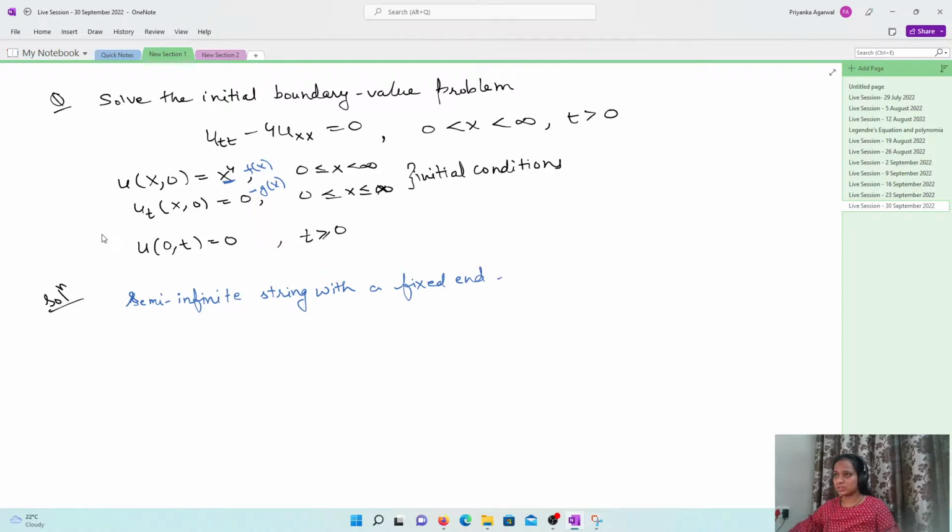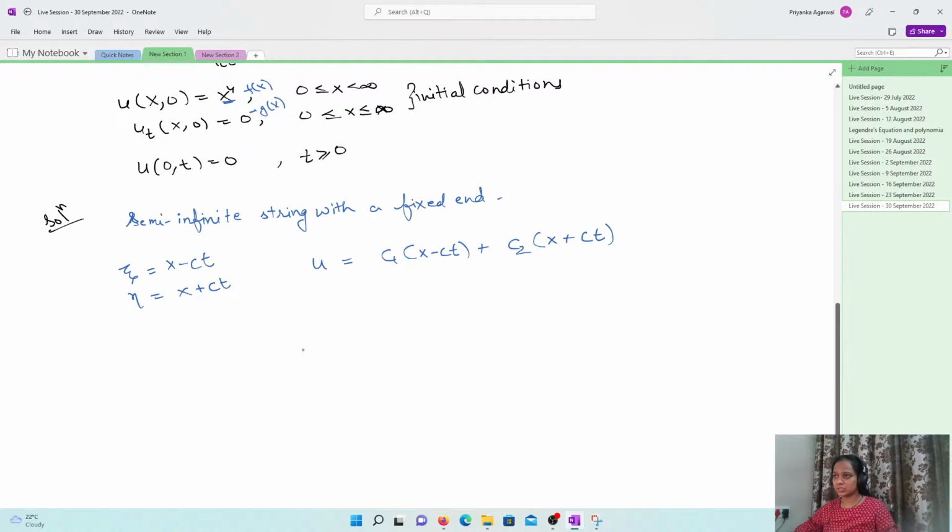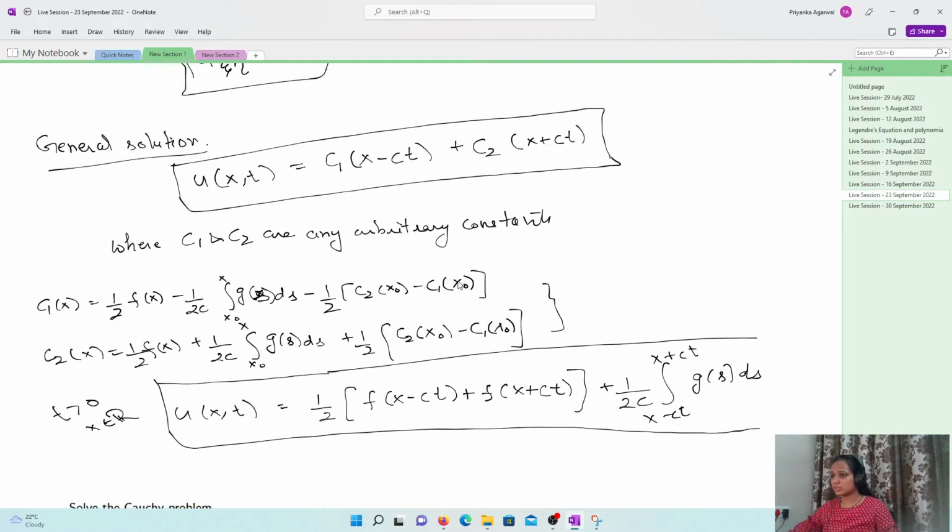So we can apply the transformation x minus ct equals xi, and eta is x plus ct, and then we get u as the general solution, and if we write C1 and C2, just from this equation we can directly reach the final solution.